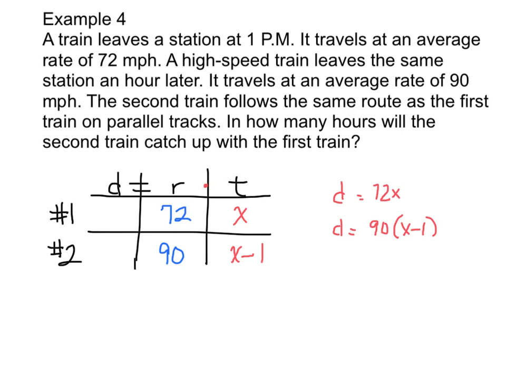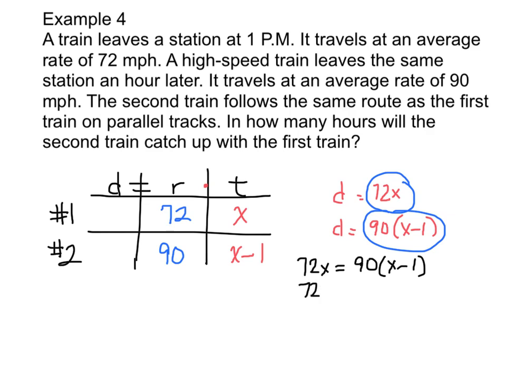When it catches up, what do you know about their distance? It's the same. So we want to know when this distance is equal to this distance. So we're going to set our equations equal to each other because the distances have to be equal if they catch up. So we set 72x equals 90 times x minus 1, and we solve the equation.